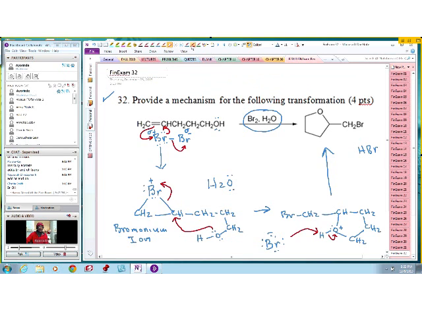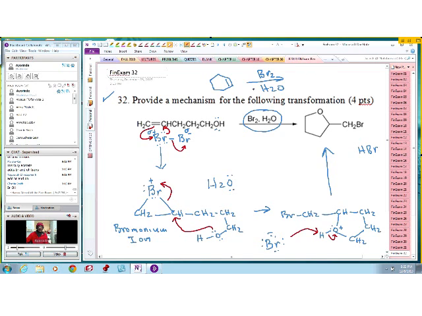For example, if you have a carbon-carbon double bond, just similar to this carbon-carbon double bond, so we have this. If I just do bromine and water, the first thing that happens is the formation of the bromonium ion, which is right here.